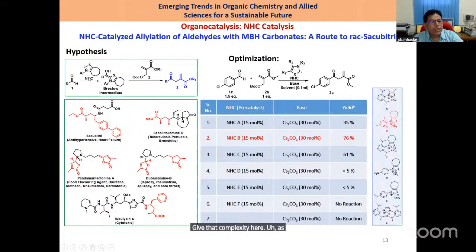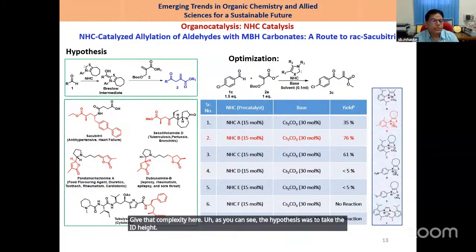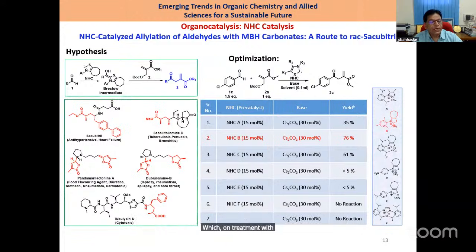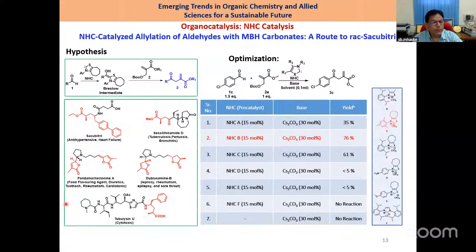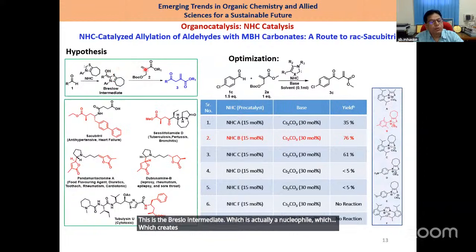As you can see, the hypothesis was to take the aldehyde, which on treatment with the NHC pre-catalyst will form a Breslow intermediate. This is called the Breslow intermediate, which is actually a nucleophile that reacts with this alkene, and this Boc group is eliminated.